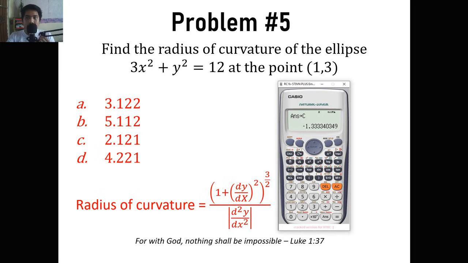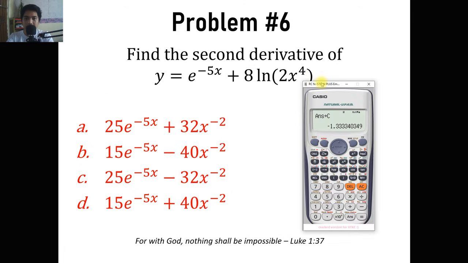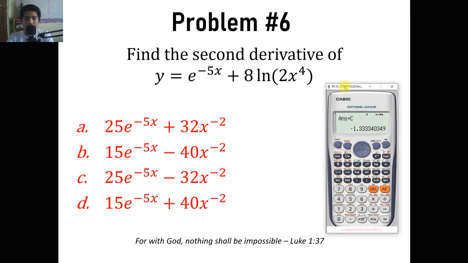Okay, so let's go now to problem number 6. Find the second derivative of y equals e raised to negative 5x plus 8 ln of 2x raised to 4. So the same process we are going to do.